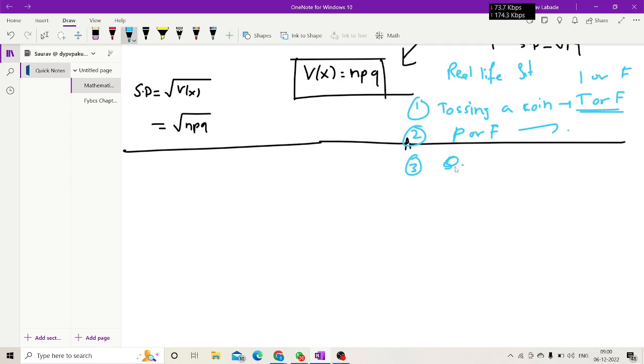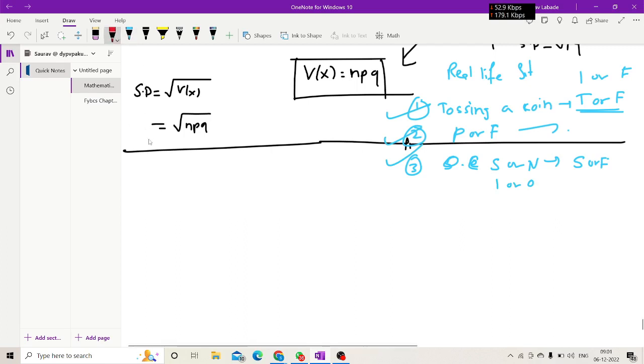Suppose I am considering only one particular customer, he can be a smoker or non-smoker. So in this condition also there is success or failure, that is 1 or 0. So these are some real life situations of the Bernoulli distribution.